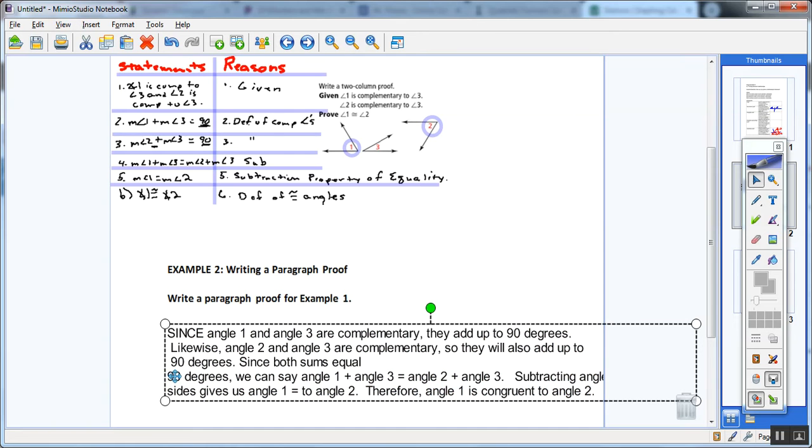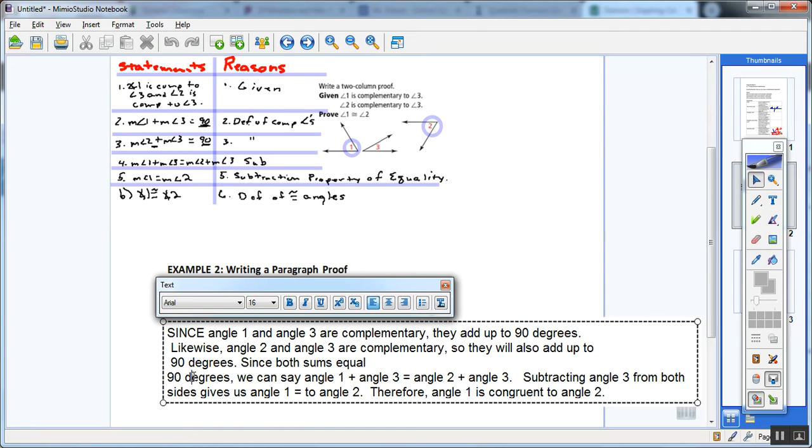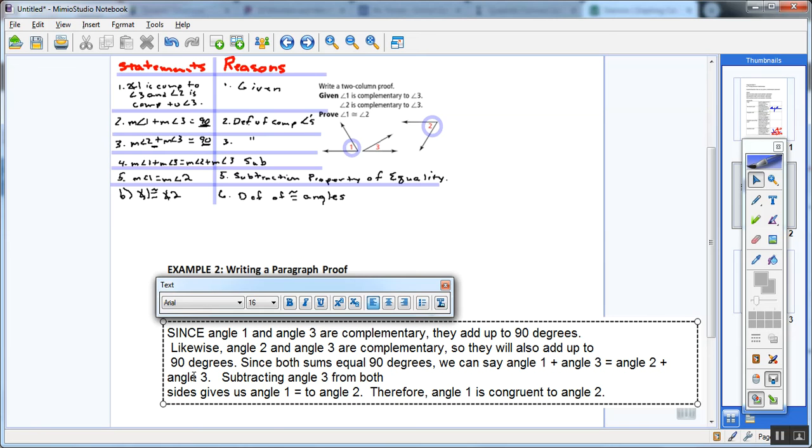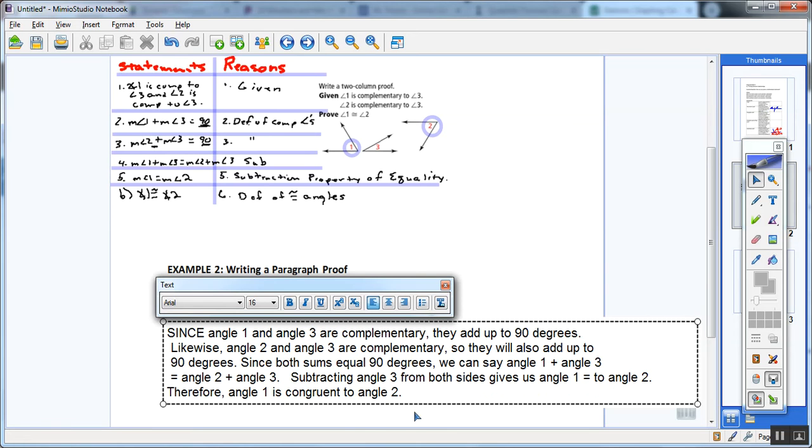Guys, I gotta tell you this right now. As I look at this, we weren't big fans of two-column proofs. Is that true or false? True. But I gotta be honest with you, it's easier than this. I just like to explain it.